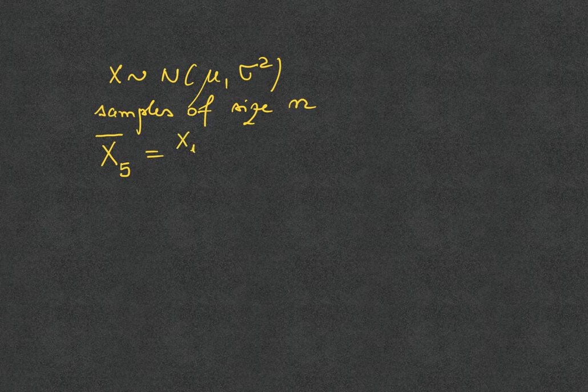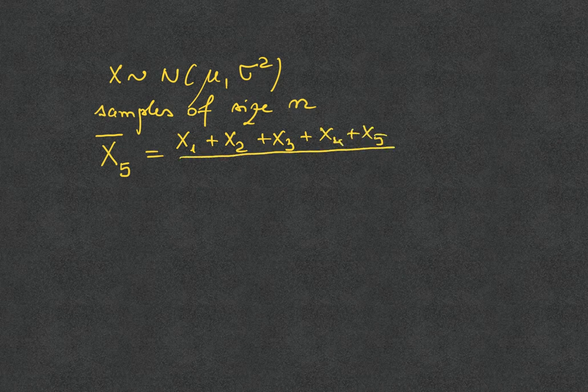What you do is x1 plus x2 plus x3 plus x4 plus x5, over 5. Imagine you have 5 clones of the same distribution, and you take randomly one number from the first, one from the second, one from the third, one from the fourth, and one from the fifth, and you divide by 5 because there are 5 of them.